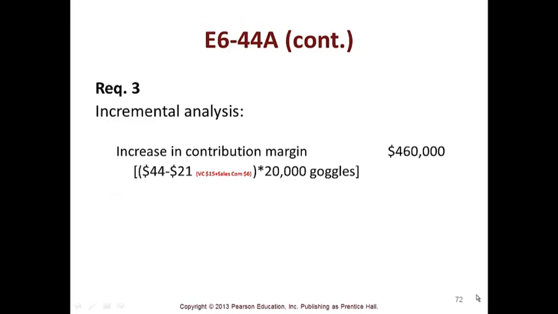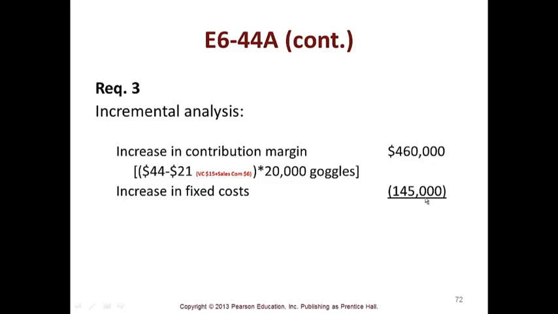Requirement 3 wants an incremental analysis. Well, it's easy to do because you can take your $44 sales price less your cost. The $21 is the combination of the variable manufacturing expense of 15 plus the sales commission times the number of goggles. So this number would change, and you could plop any number in here.